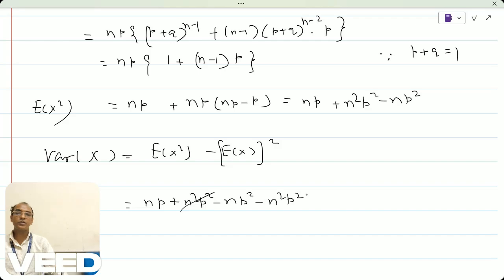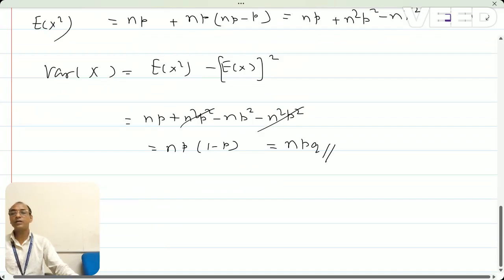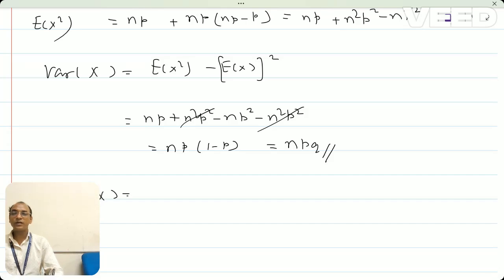So plus n square p square minus n square p square get cancelled. np into 1 minus p, and so npq. So this is the variance of a binomial random variable x. So variance of x is equal to npq, where p is the probability of success, q is the probability of failure, and n is the number of trials.